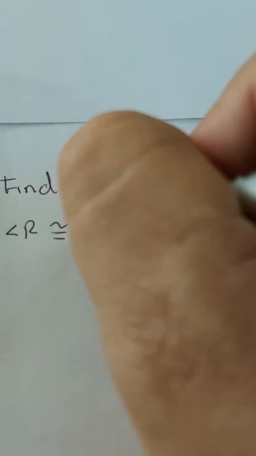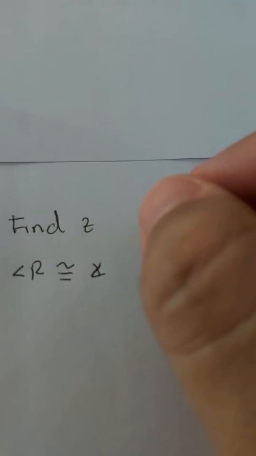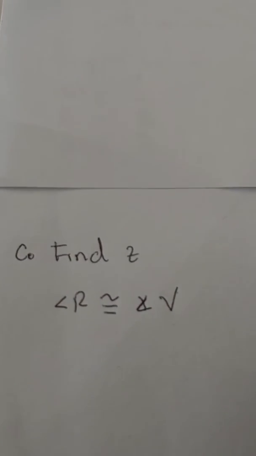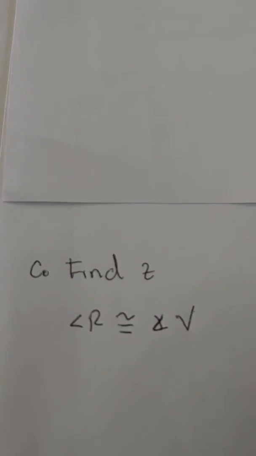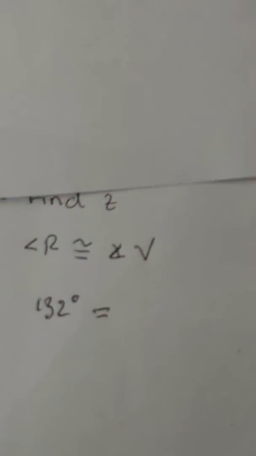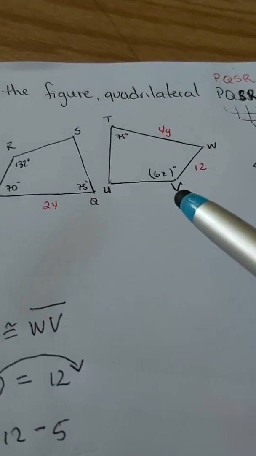So we write angle R is congruent with angle V. What is the measure of angle R? Angle R equals 132 degrees, which equals angle V. V measures 6Z degrees.